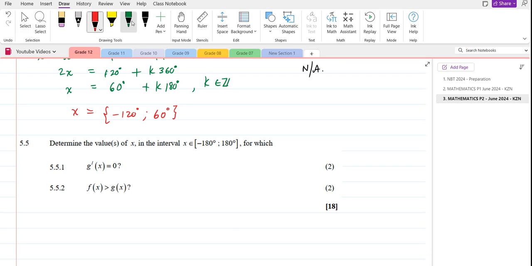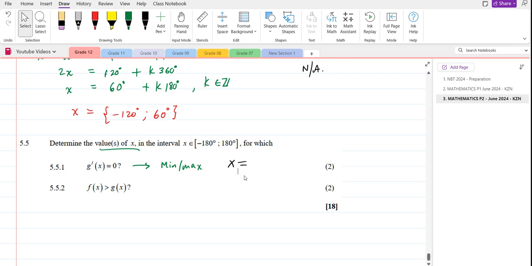Now this is like from paper 1. When we say this, we're looking for minimum and maximum. In other words, we're looking for values of x, min max. So when is the g graph a minimum or a maximum?